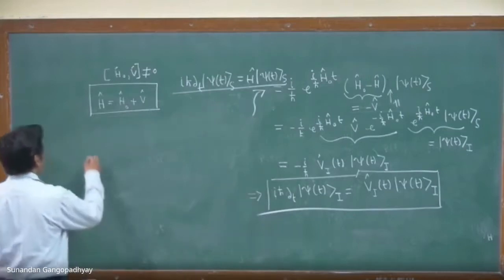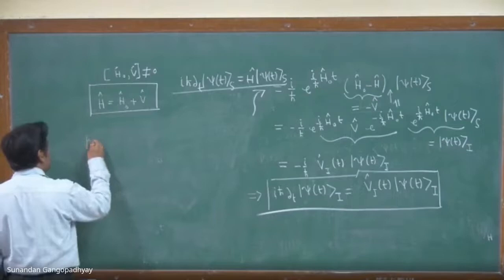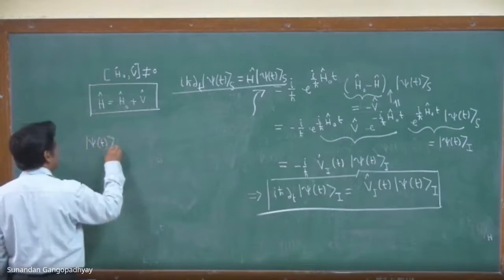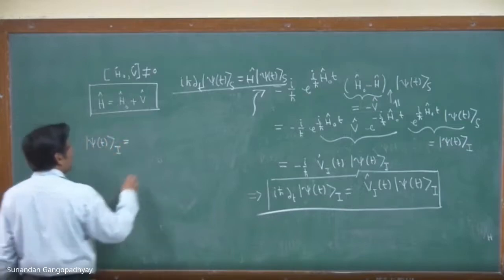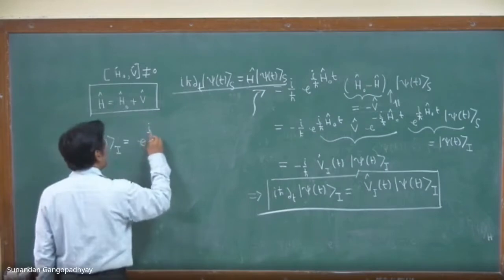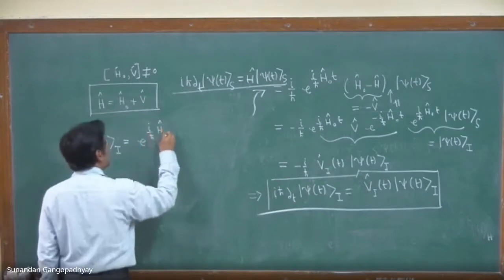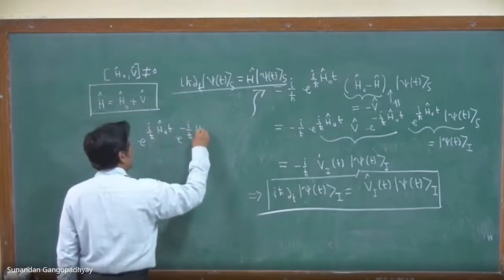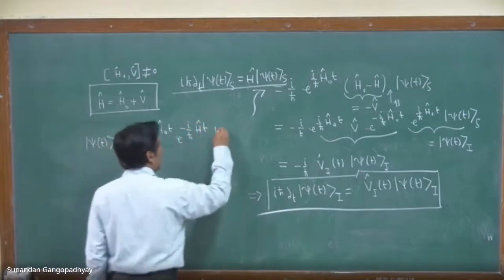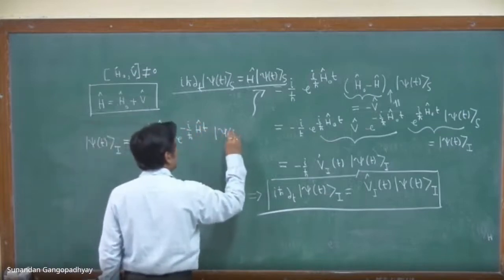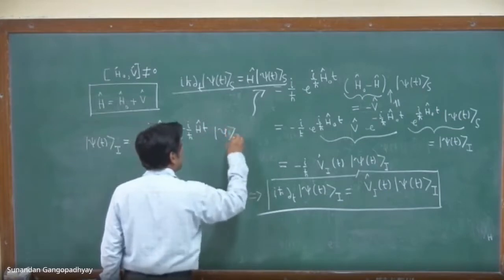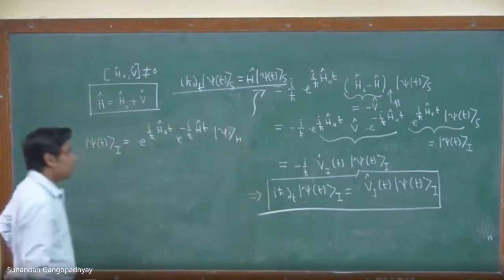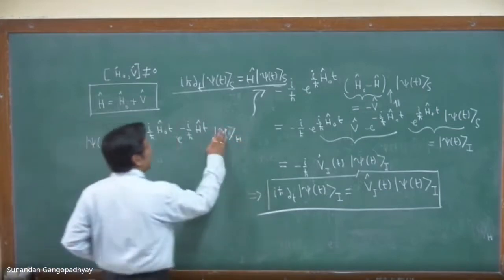So if you remember correctly, the state ket in the interaction representation is basically e to the power of i by h bar, H hat naught t, times e to the power of minus i by h bar, H hat t. So this is in the Heisenberg representation. This psi is time independent.